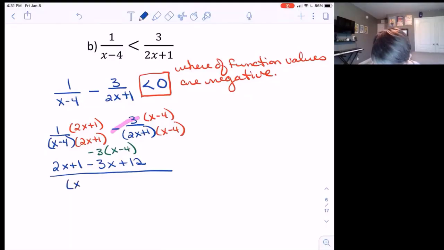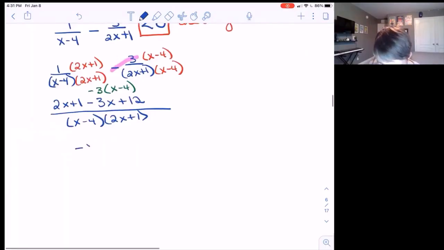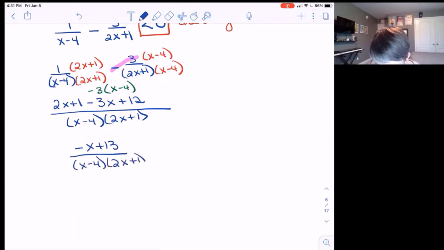We're going to go ahead and leave these factored, the x minus 4 and the 2x plus 1 in the denominator, since we're going to have to factor them eventually anyway. Let's combine like terms in the numerator. We get a negative x plus 13 over x minus 4 times 2x plus 1. And again, we can bring back down the less than 0.